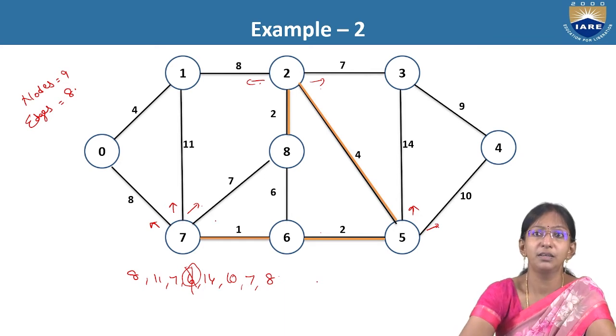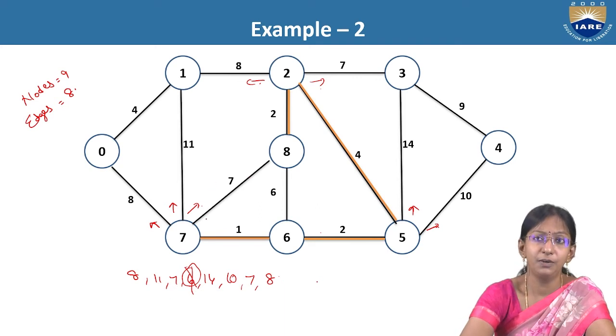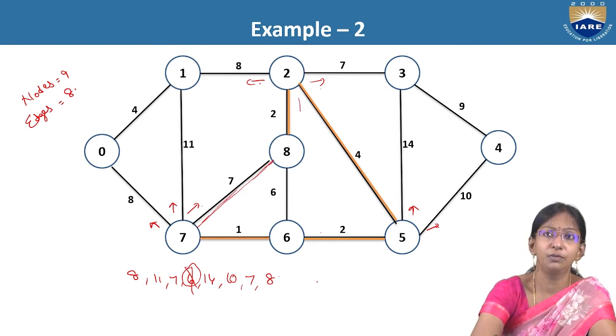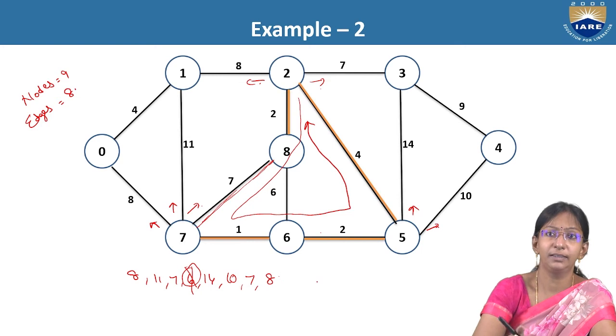Let me consider a 7 between the nodes 7 and 8. If I include this 7, what will happen? Start from 2 via 8, reach 7 and you are forming a cycle. Are you forming a cycle or not? Yes.